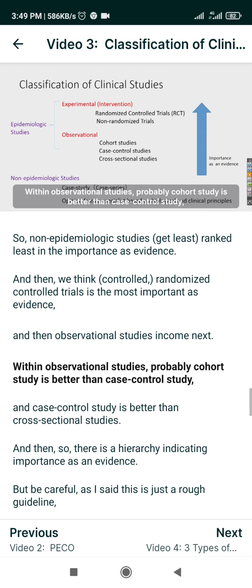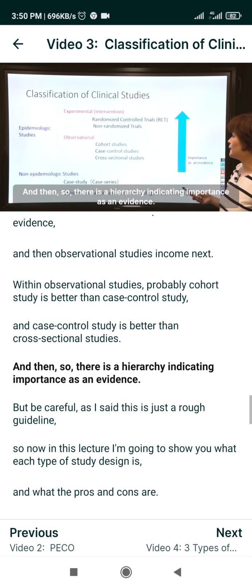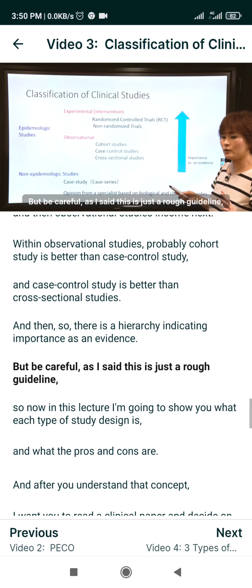Within observational studies, probably cohort study is better than case control study, and case control study is better than cross-sectional studies. So there is a hierarchy that indicates importance as evidence. But be careful. As I said, this is just a rough guideline.